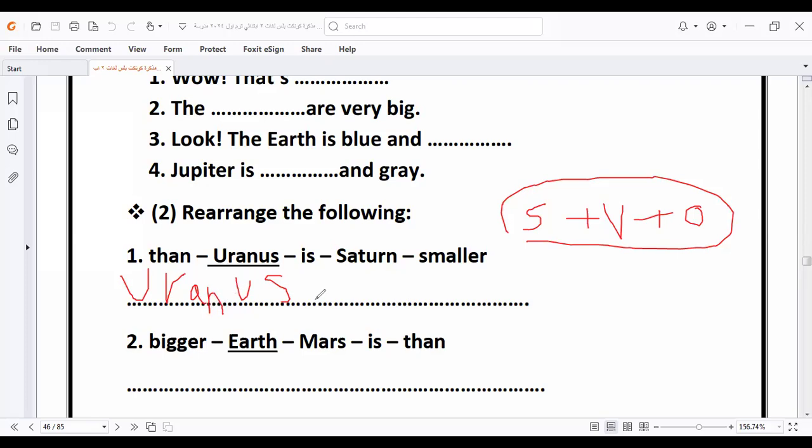Here we have Uranus is what? Uranus is smaller than Saturn.